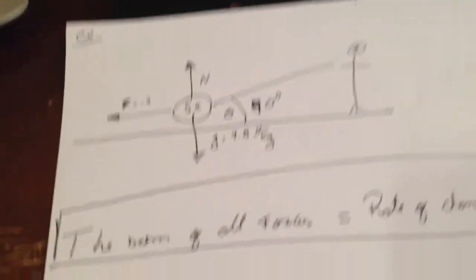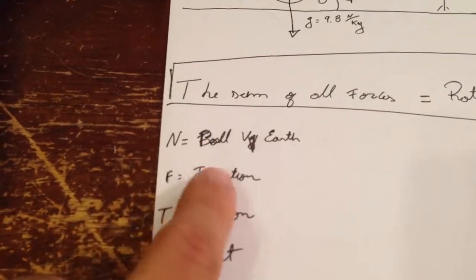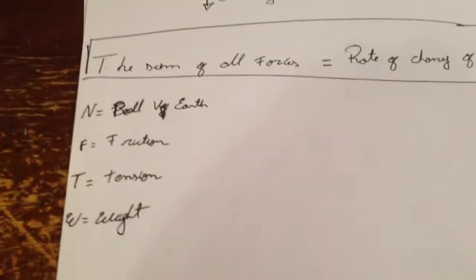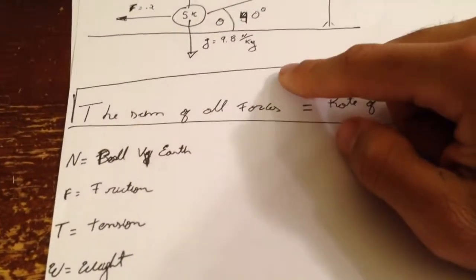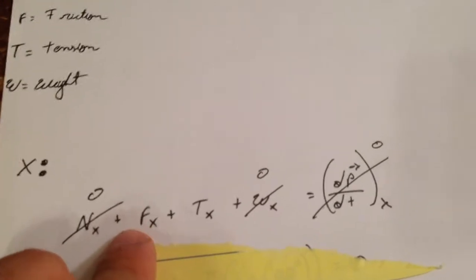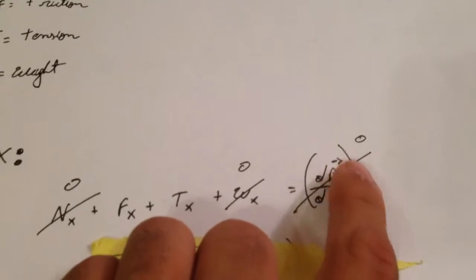So I know that N is the ball versus earth, little f is friction, T is tension, and W is my weight. So we need to do the sum of all forces like a vector with x and y coordinates. So for my x, I know that N, the ball versus earth, plus frictional force, plus the tension, plus the weight equals the rate of change of momentum.